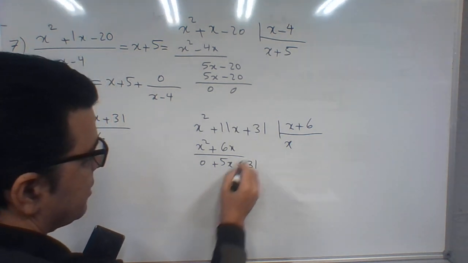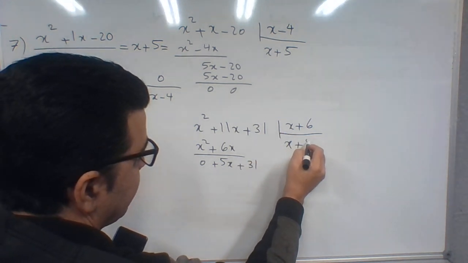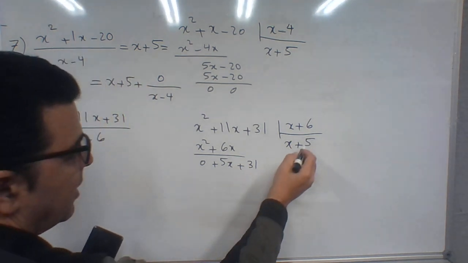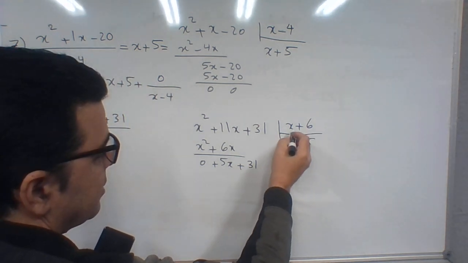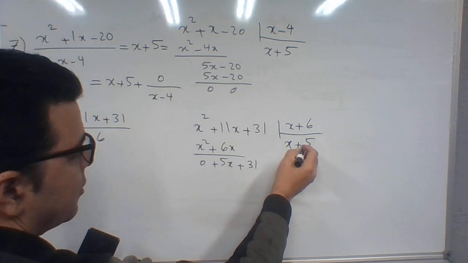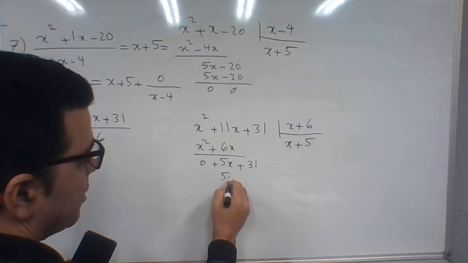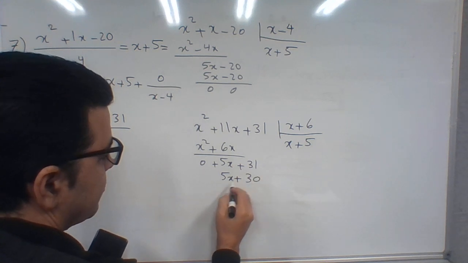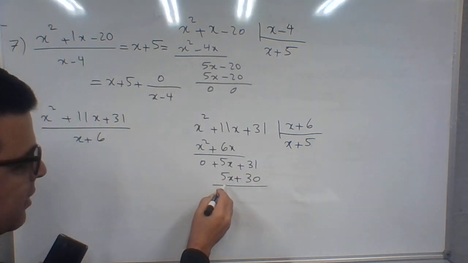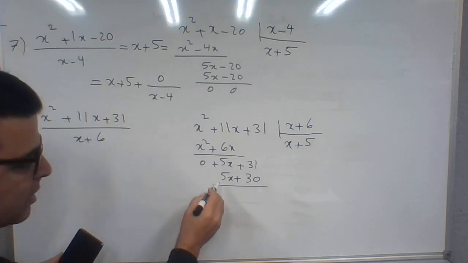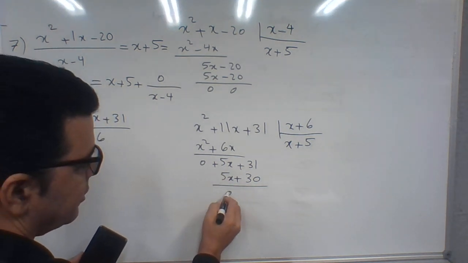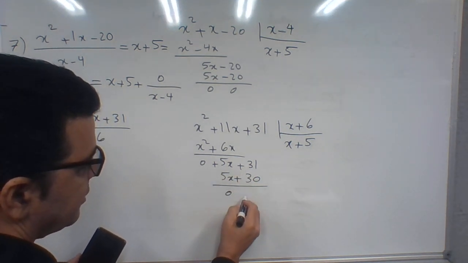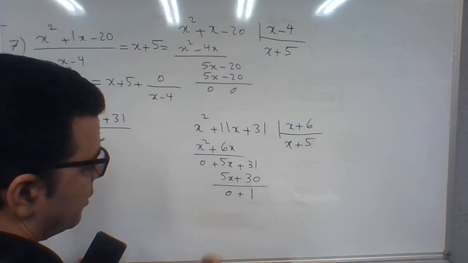Now 5x divided by x is 5. And then multiply 5 by this divisor. So 5x plus 5 times 6, 30. So 5x and 5x the same, so subtraction is 0. 31 minus 30 is 1.